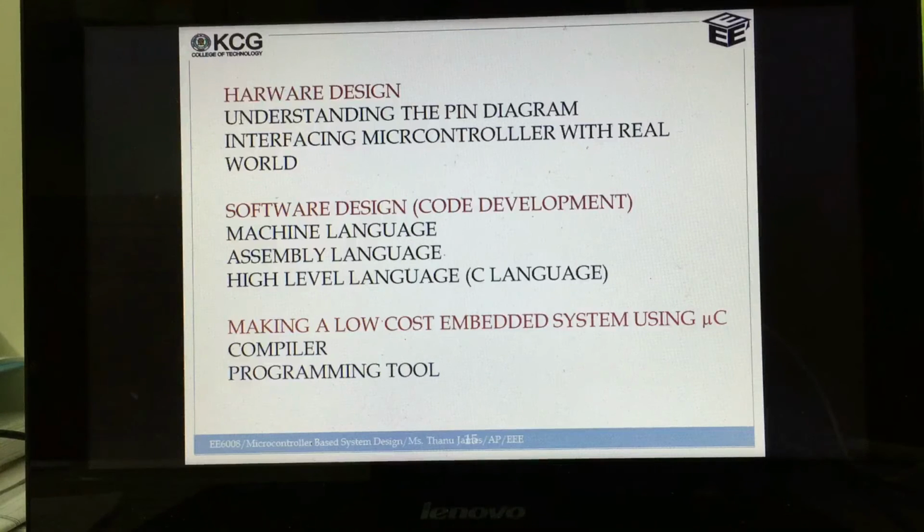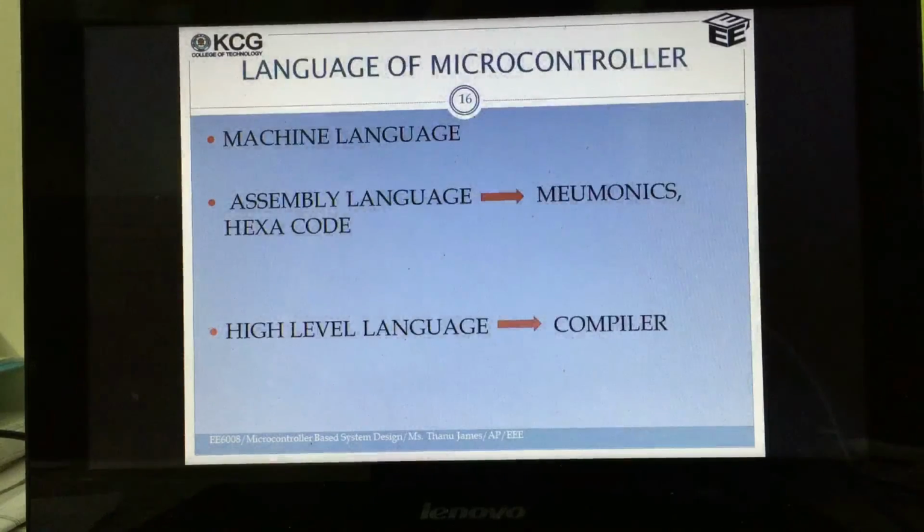The hardware section is the understanding of the pin diagram and interfacing the controller with the real world. The software design is the language or the code development in which the microcontroller is written. There are three types of languages in which a microcontroller can be implemented: the first is machine language, then assembly language, and then high level language.